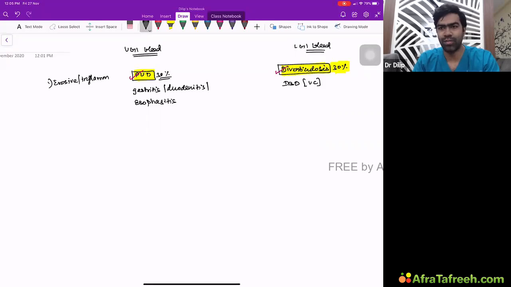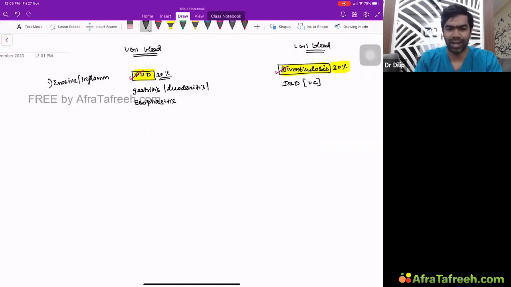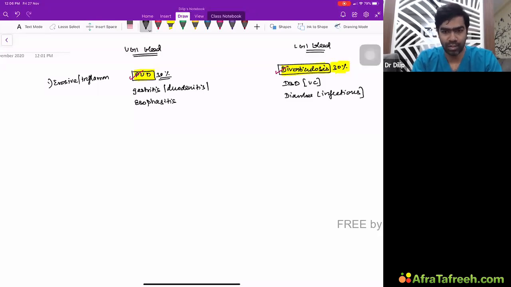Fistulas usually go towards Crohn's disease. Tenesmus, per rectal bleed, like hematochezia, fresh bleeds, all these things go towards ulcerative colitis. And sometimes infectious diarrhea may result in bloody diarrhea, so that can result in lower gastrointestinal bleed as well.